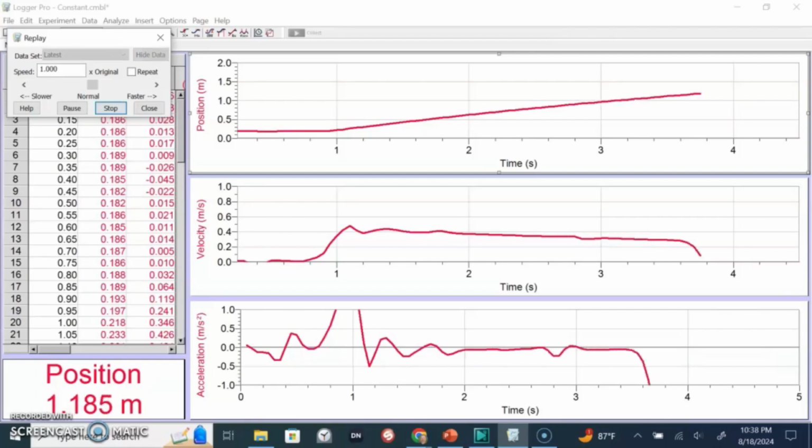And I'm going to pause it right here. Okay, so you can see here that we have a pretty constant slope for the position time graph. So on a position time graph, positive motion equals a positive slope.